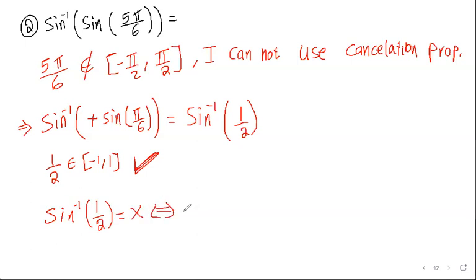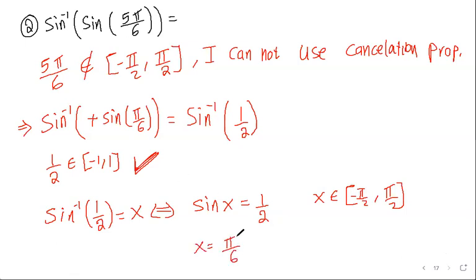So sine of x equals 1/2. I have to find the value for x that belongs to the interval from negative pi over 2 to pi over 2. So like before, x equals pi over 6.